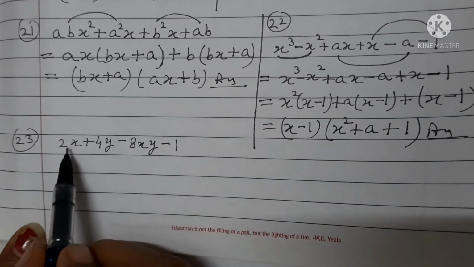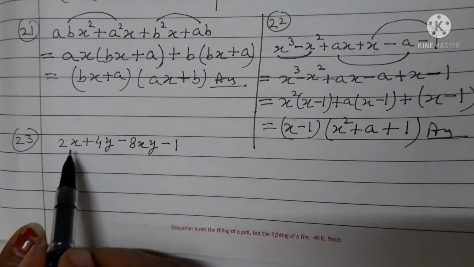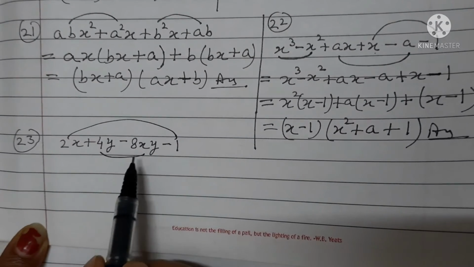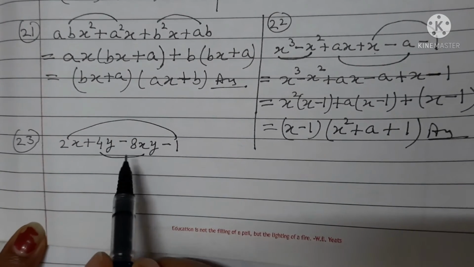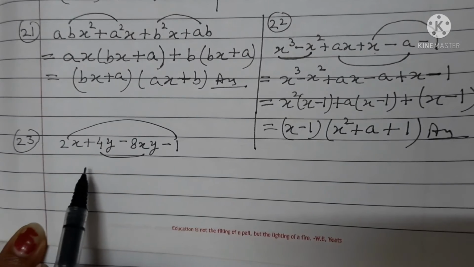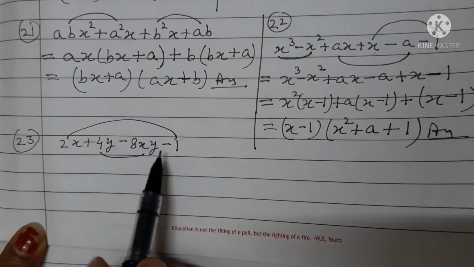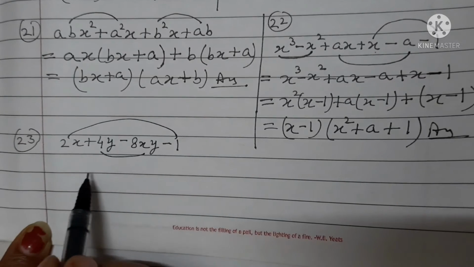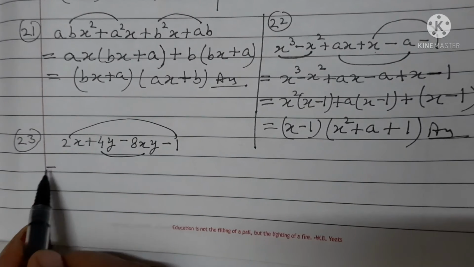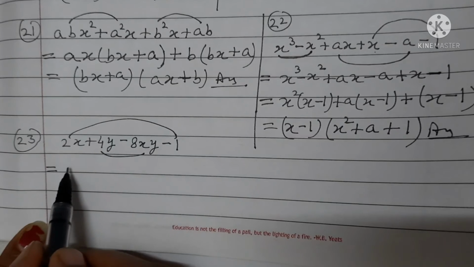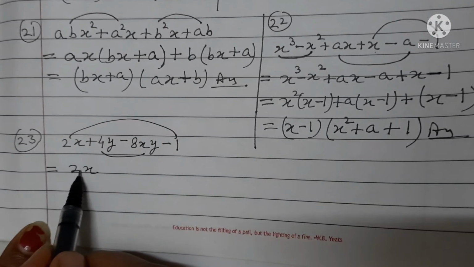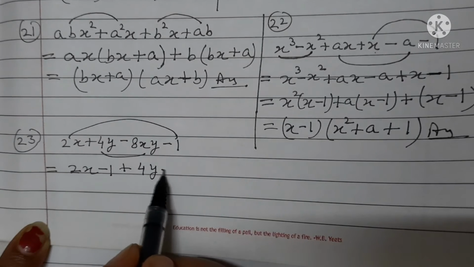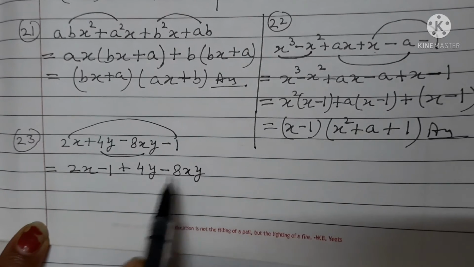So make groups of this and this. One common factor we can take from that step. Write down together 2x - 1 + 4y - 8xy.